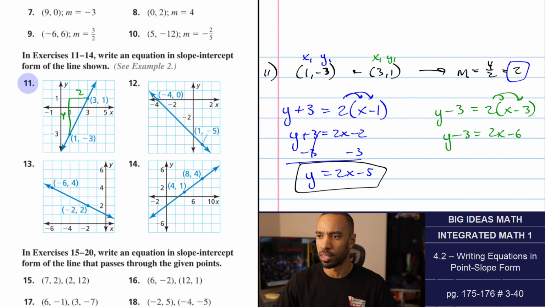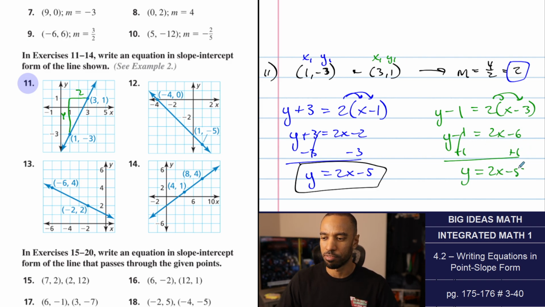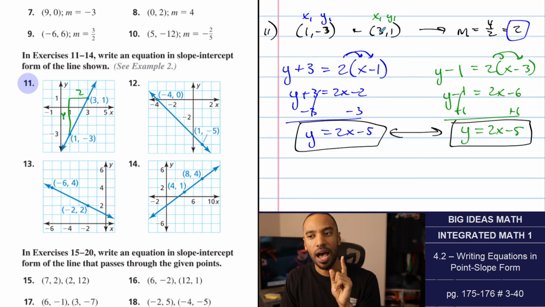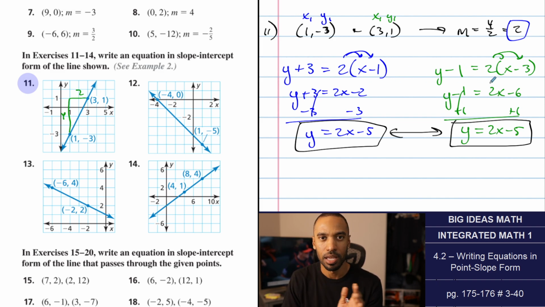This is not a 3, this is a 1, y minus 1. 2x minus 6, and when I add 1 to both sides here, I get y equals 2x minus 5. Okay, what's the point we're making? Several points. First of all, that's the answer. That's your slope-intercept form. Second of all, you can use either solution. They should both work for your equation. You can use either point given that slope, and you can write a point-slope form that works for either one, because when we get it in slope-intercept form, it's the same thing.